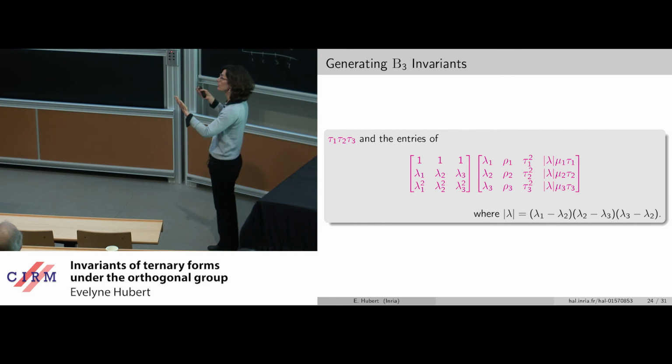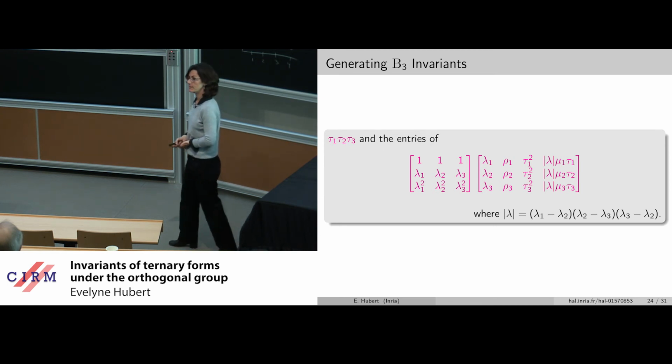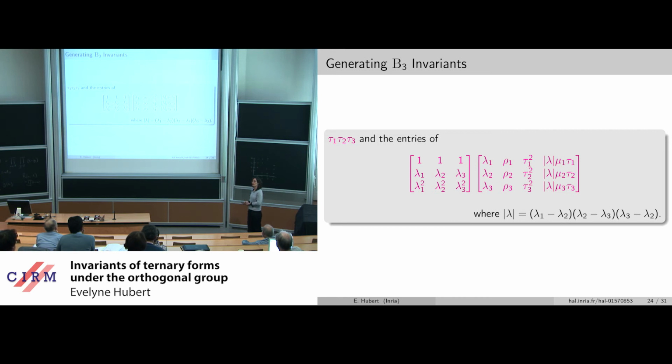The entries of this product matrix are all invariants. And we can show that if we add this little product, like the product of tau1 to tau3, we get a complete set of invariants, complete in the sense that it's generating, and we can also write the rewriting rules to rewrite any invariant in terms of these.